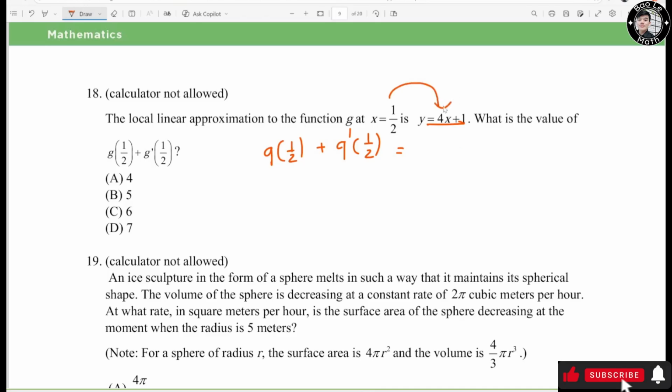It's actually g of 1/2, so we have 4 times 1/2 plus 1, plus g prime of 1/2. Take the derivative of this one, which is 4, so g prime of 1/2 equals 4. If we simplify, 4 divided by 2 is 2, 2 plus 1 is 3, plus 4 is 7. So the answer must be D.